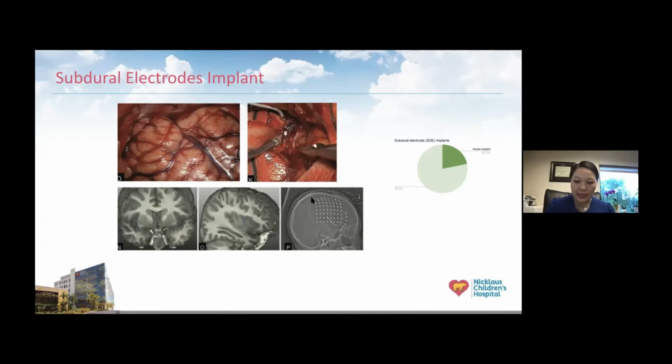And as you can see here, this is a scout X-ray of the implantation. The patient has this insular implant that goes along the insula after the sylvian fissure has been split, but this patient also has an interrogation of other areas of the brain, including this large 64 grid electrode and then a strip electrode.